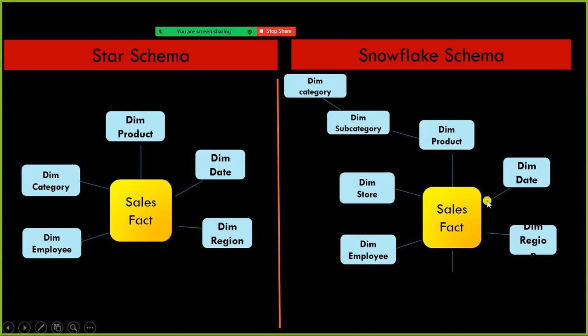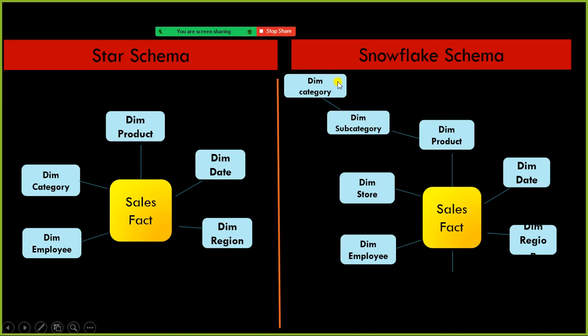But the advantage of the snowflake schema is it consumes lesser storage, and it is easier to implement a dimension, right? In this case. But due to the multiple tables, the query performance will get reduced. You cannot expect the faster response.